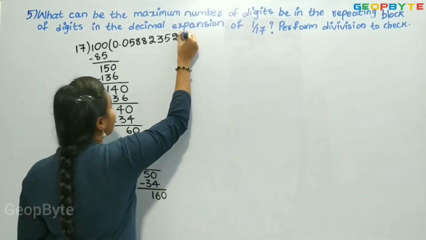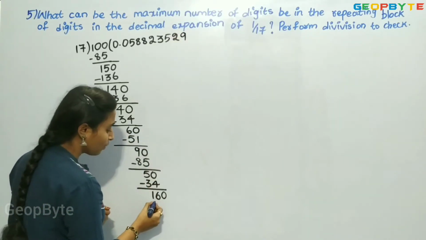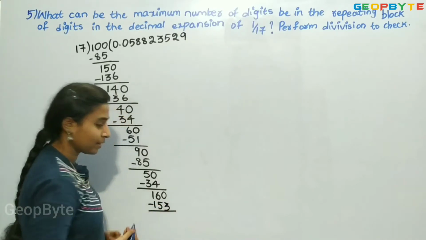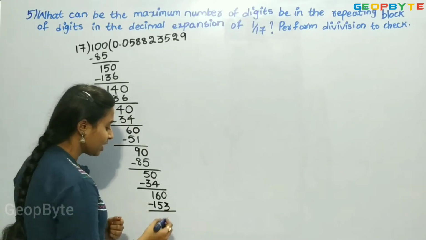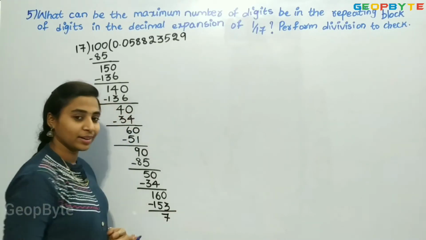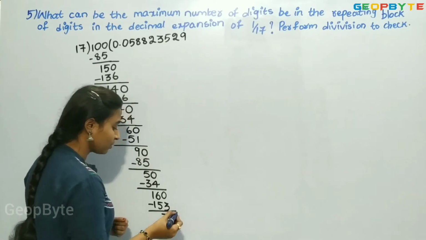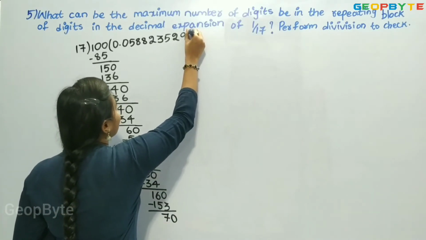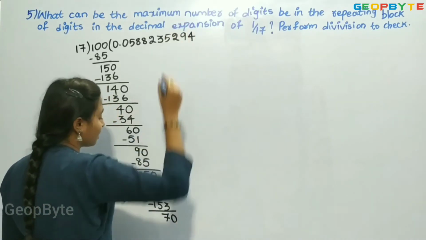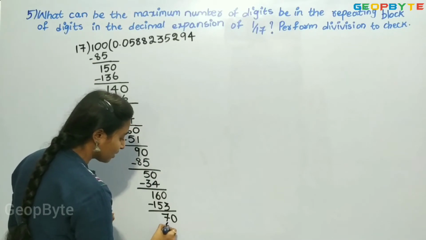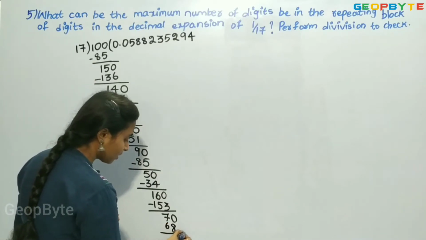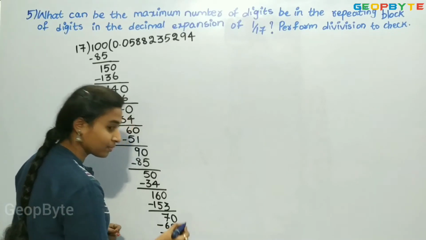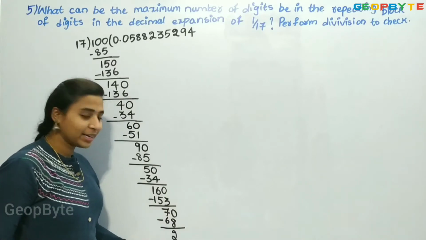So 17 9s are 153. 160 minus 153 gives you 7. Now let us put a 0. Now 17 4s are 68. 70 minus 68, 2. Now we got remainder 2.